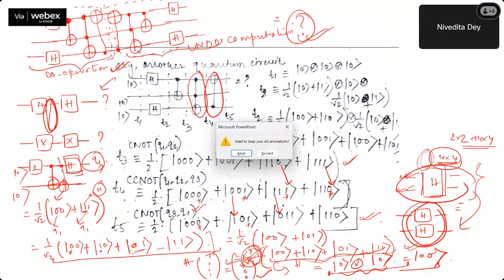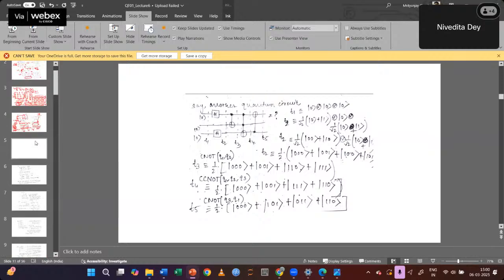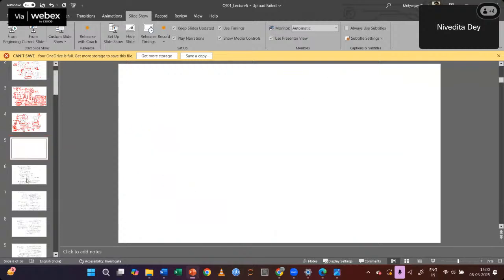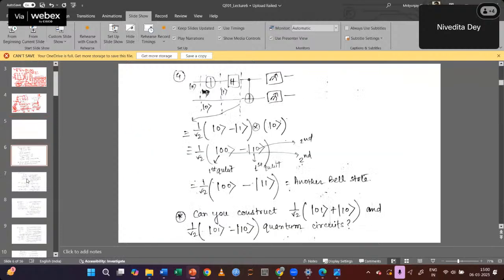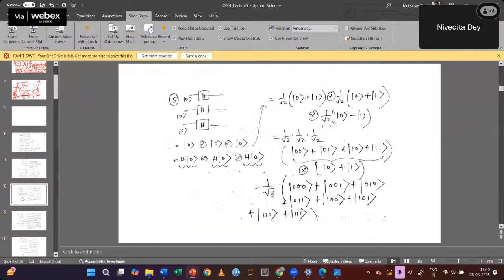I don't know why I am not able to find where my normal mouse pointer is at times. Where is it? Okay, yes. I will add it just after this. Oh, there is a blank slide, so here I will be adding it. So 4, 7, okay, all these things are gone.